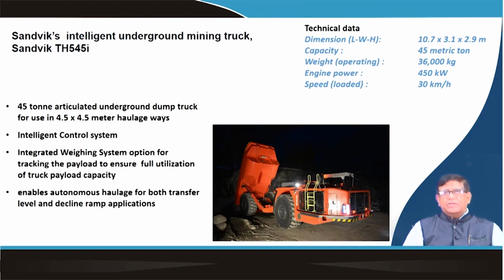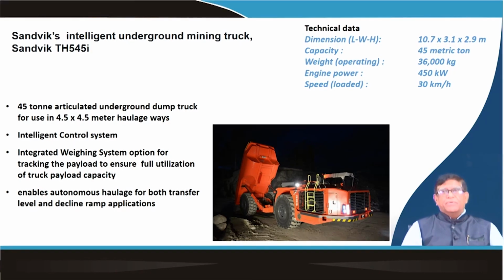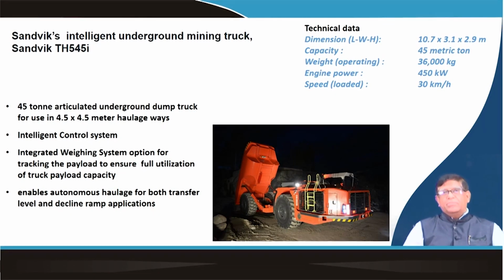As I said, engine power is 450 kilowatt, and it can work in underground conditions with a speed up to 30 kilometer per hour, and empty without load it can be a little more.